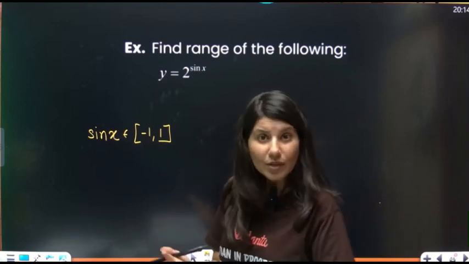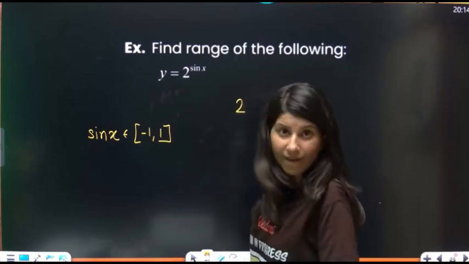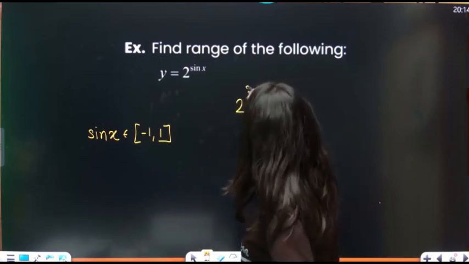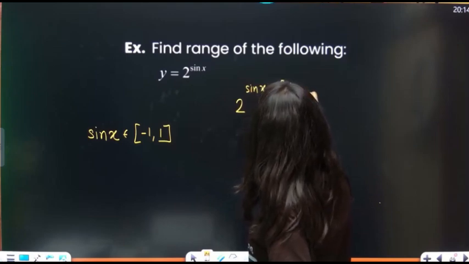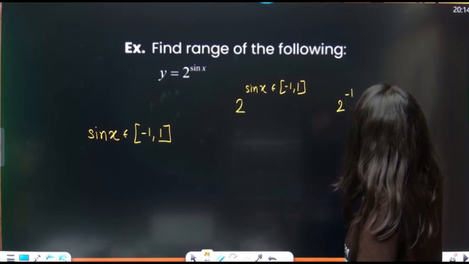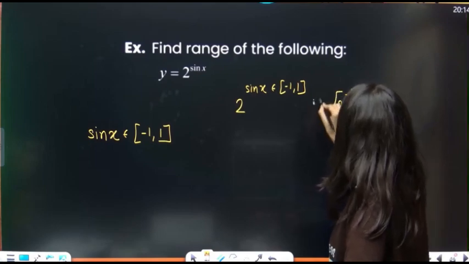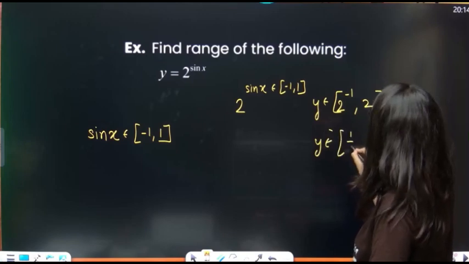So now what we will do is 2 raised to power sin x, which is belonging to -1 to 1. So your range will be 2 raised to power -1 to 2, which is 1 by 2 to 2.